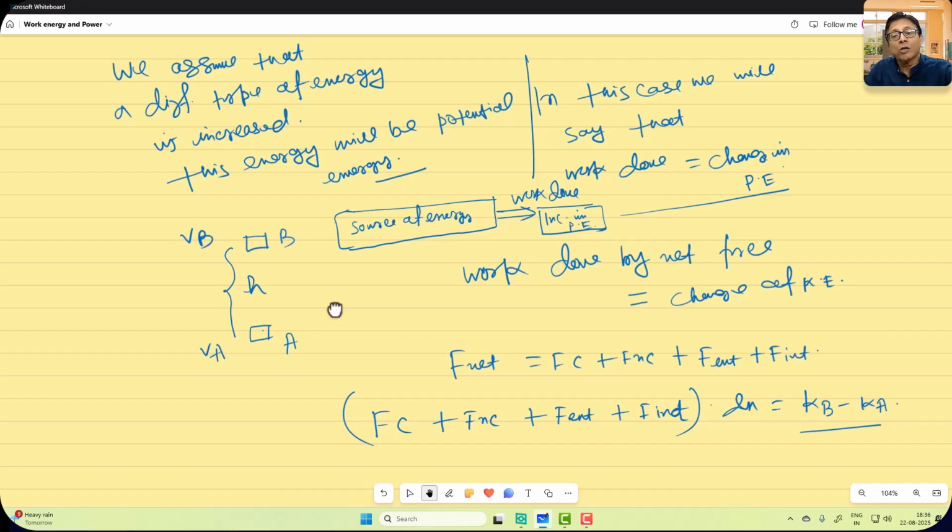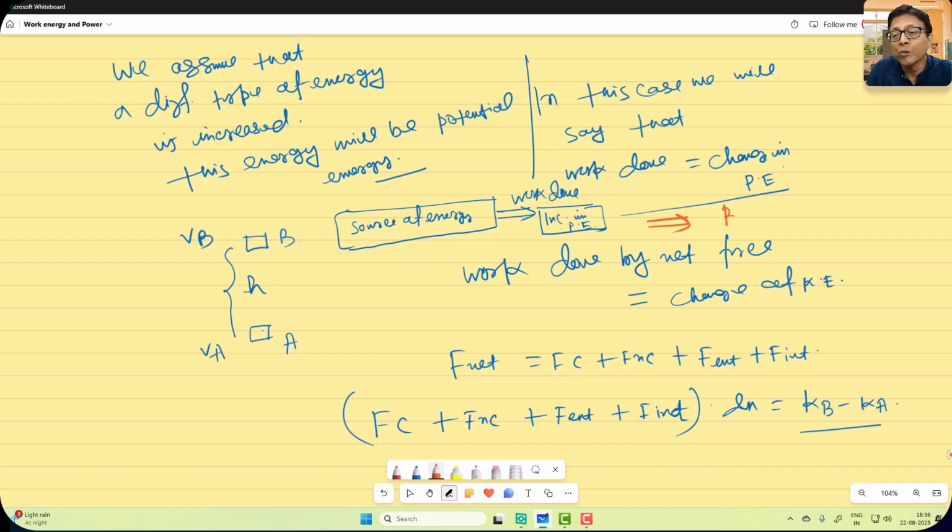So from a source of energy, by doing work, both K and P can be increased. So this implies that we have seen before an increase in K, here an increase in P.